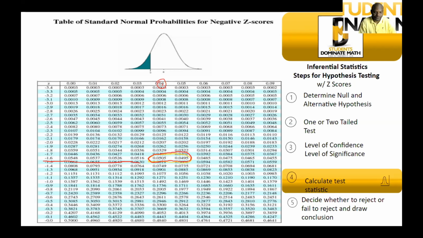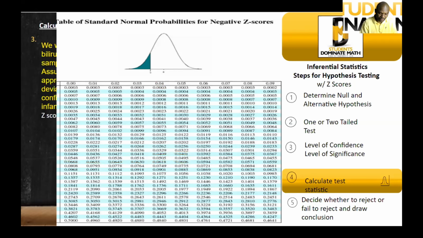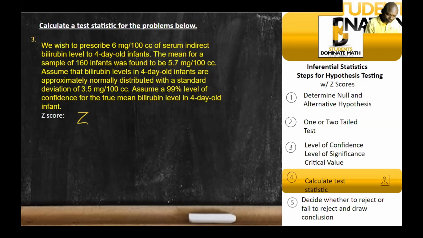All right, let's move on to the last one and focus on this calculation of a test statistic. Our z-score is x bar minus mu divided by standard deviation over the square root of the number of data. So our mean of the sample was 5.7.